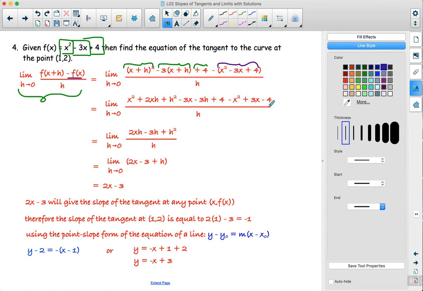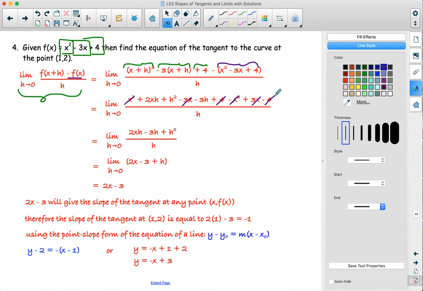Negative times the positive 4 is negative 4. Now, as I mentioned, if we've done this correctly, that doesn't have an h, so it should have an additive inverse, which it does. That has an h, it's okay. That has an h, it's okay. This should have an additive inverse because it doesn't have an h, which it does there. That should have an additive inverse, which it does.